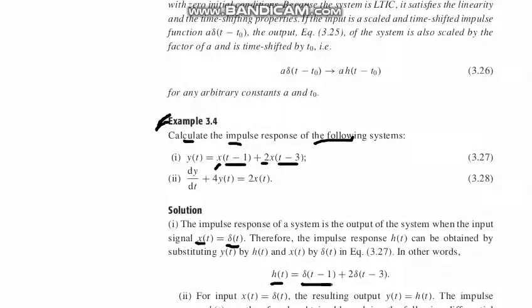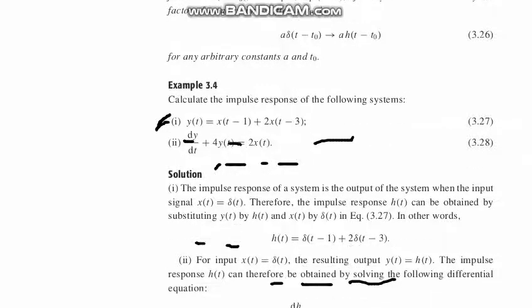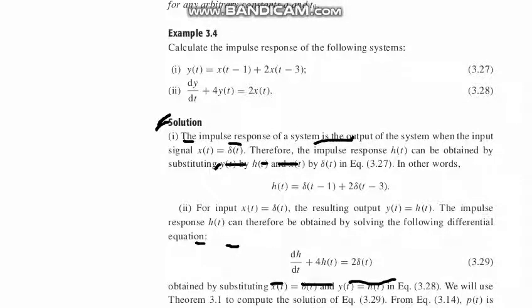x(t) will be delta(t minus 1), it is 2 delta(t minus 3). So that is one kind of LTIC system. Nothing is changed here. But in the second option, for input x(t) equal to delta(t), the resulting output y(t) is equal to h(t). Is that correct? Yes, it is h(t).